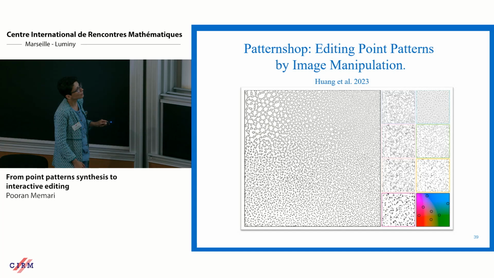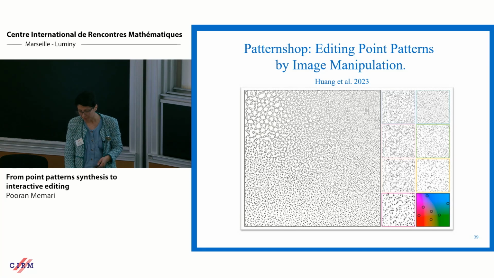For example, if you map them to a 2D color space, then the one which is here would be this one, and the one which is here corresponds to the blue noise, etc. So this is an embedding which allows us to map different colors to different point patterns.